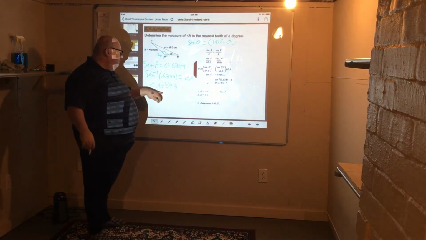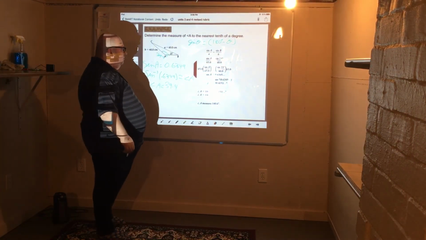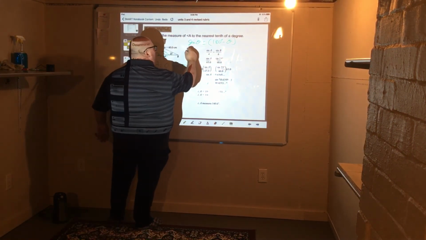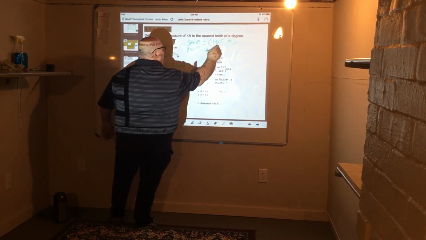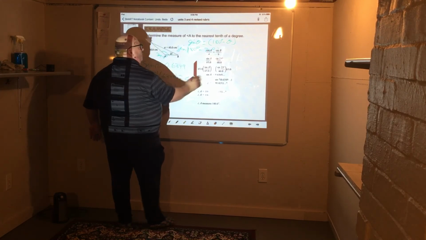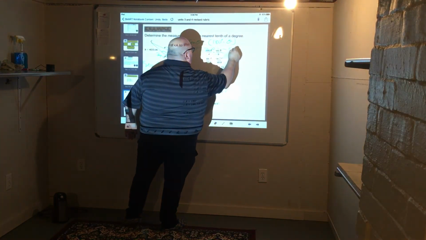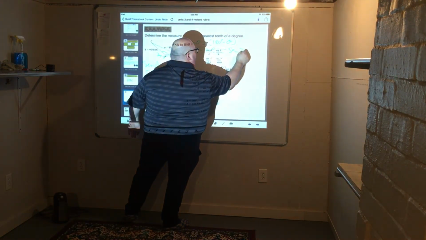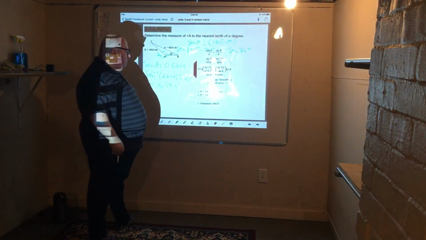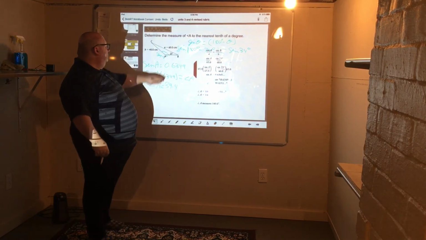So in this case we have angle A being 39.4, so we can look at 180 degrees minus 39.4 degrees, and when we take the sine of that value, we will get the same sine value, which was 0.6349.